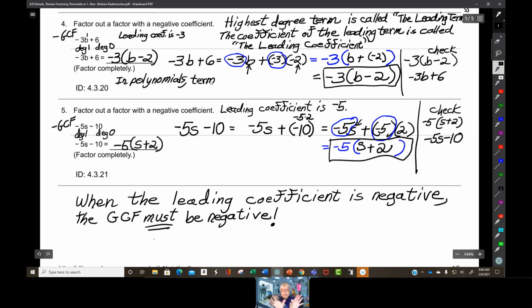Terms are separated, a better word. See, there are math terms and there are English terms, and it can drive you crazy. In polynomials, that's a term and that's a term. Terms are separated from each other.